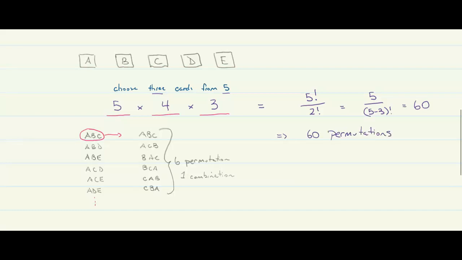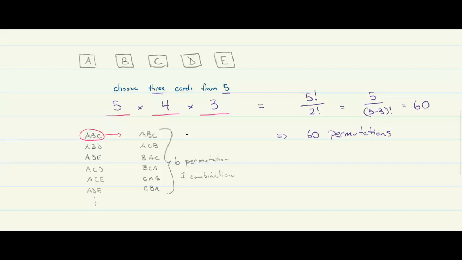5 by 4 by 3. Once we put that first letter in, and then the second one goes in and the third, the order is taken as different. So we are counting all of these. We're counting ABC, ACB, counting them all as different arrangements. But every combination has 6 permutations.